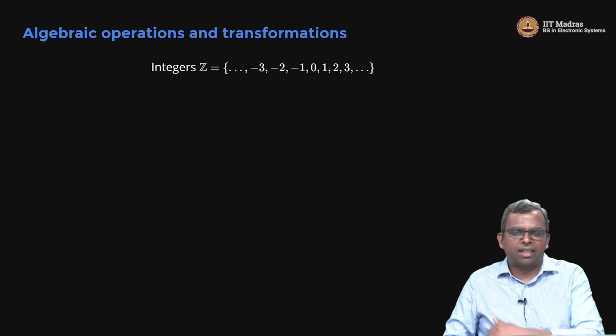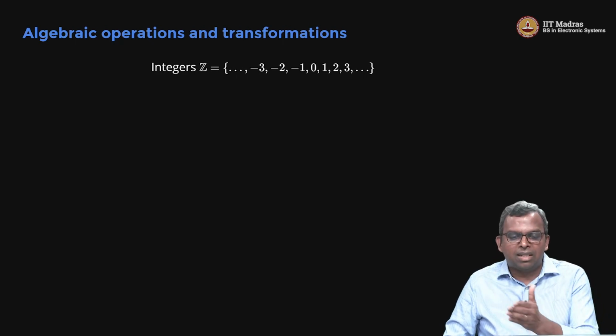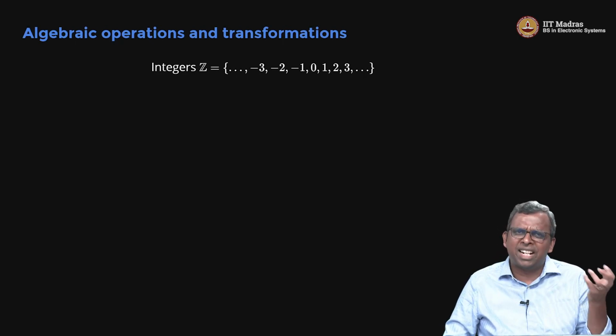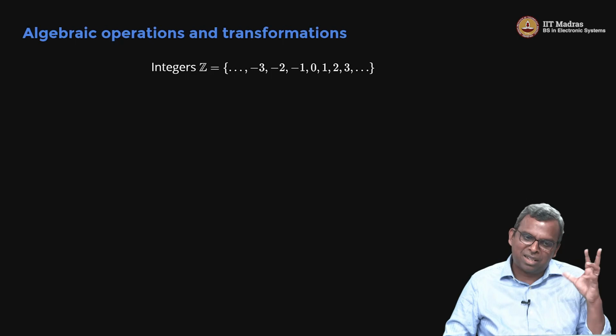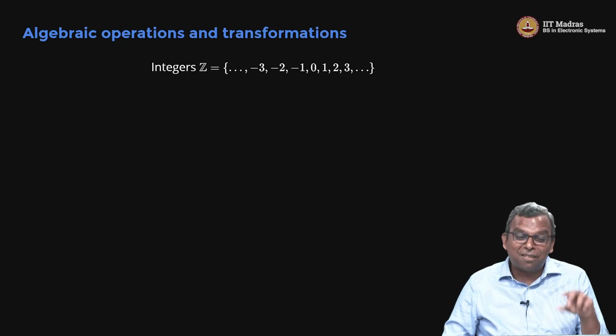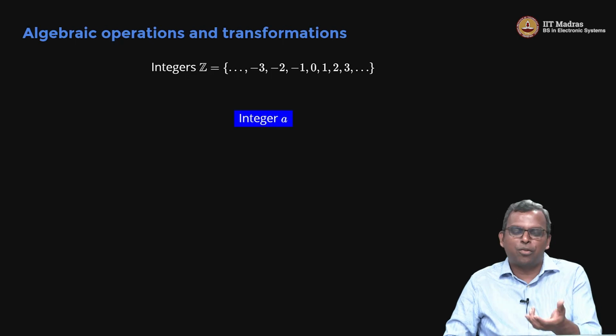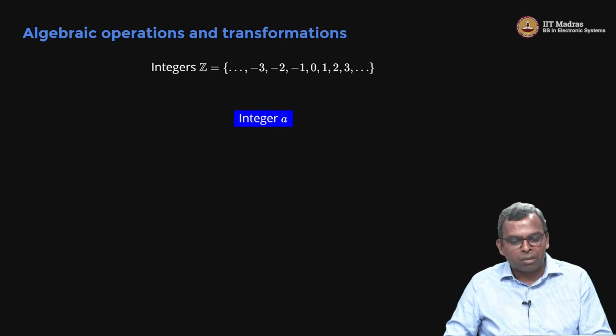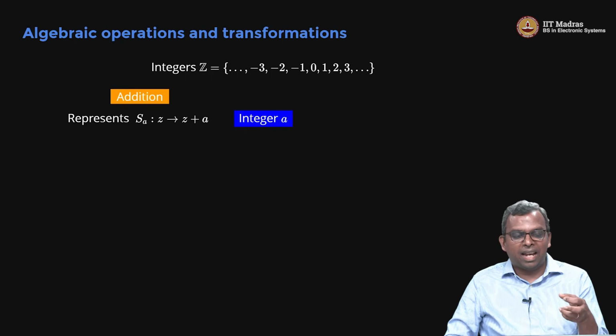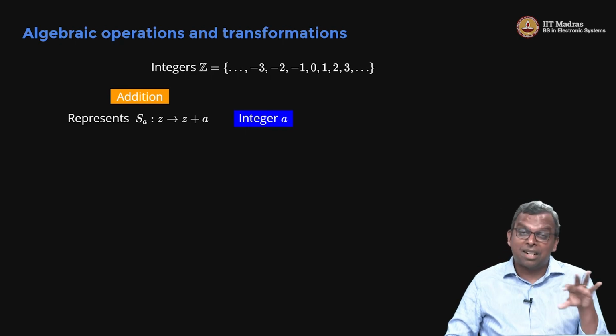So let's start with the integers, just as an example. So you have these integers here. How did we end up defining addition and multiplication for integers? Okay, so we all know addition and multiplication, but here is an interesting abstract way of thinking about it, and that will help us to define addition and multiplication for matrices. Okay, so if you think of an integer a, it's just an object, but actually the integer a can be thought of as a transformation.